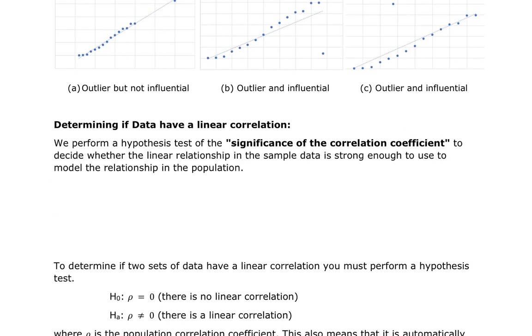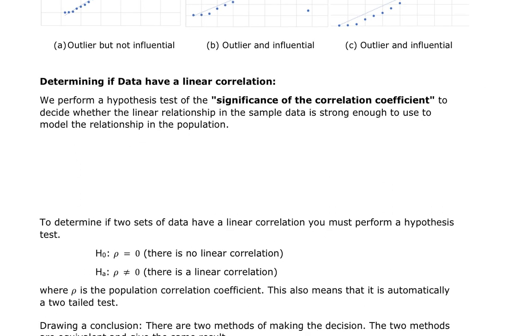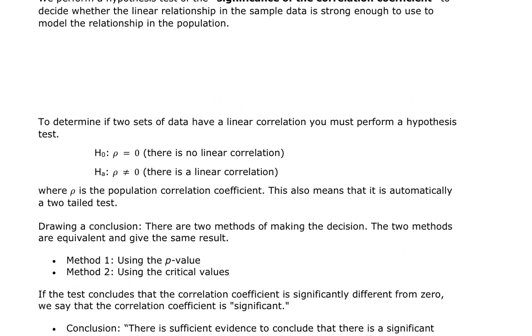When we perform our hypothesis test, we're going to be doing the test of significance of the correlation coefficient to decide whether or not there is a linear relationship in the sample data, and if it's strong enough to use to model the relationship of the population. Because we're using the parameter, we're going to use rho.